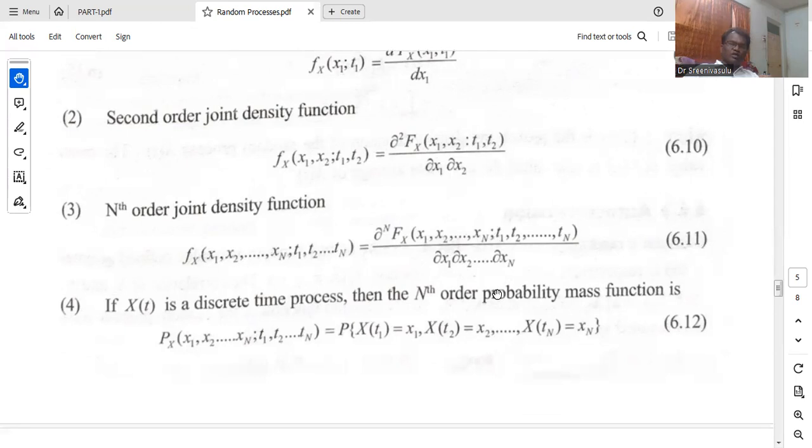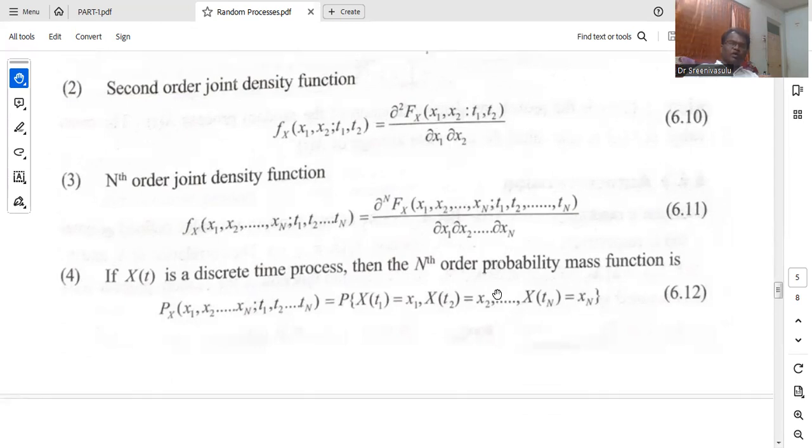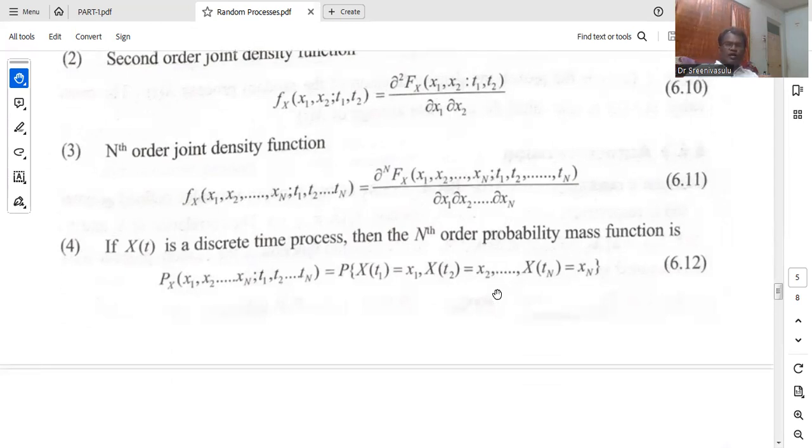Now, if you want to extend this concept to nth order, simply write n time instants, t1, t2, t3, and so on up to tn. At time t equal to t1, the value we get is x1, and x2, and so on up to xn.